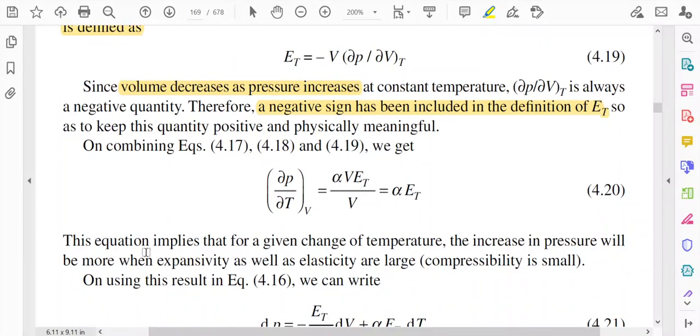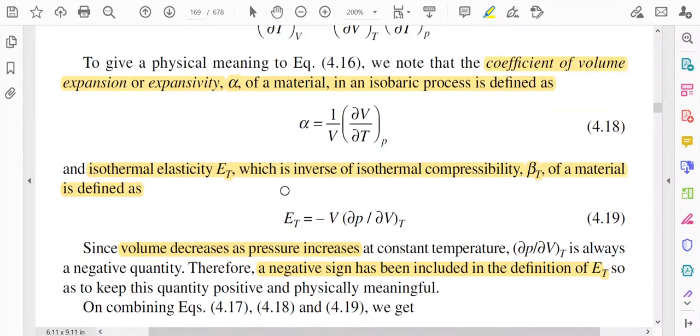This equation implies that for a given change of temperature, the increase in pressure will be more when expansivity as well as elasticity are large. If you keep dT fixed and increase the values of alpha and ET, the parameters of the right hand side, then definitely the pressure will increase.